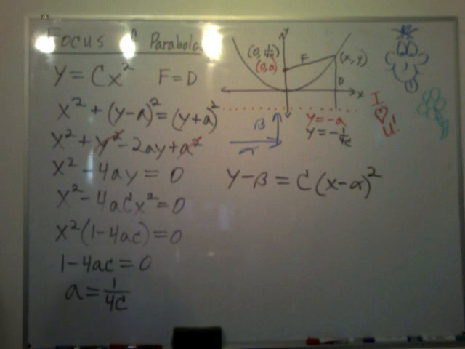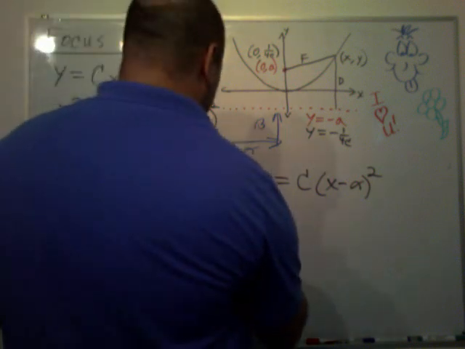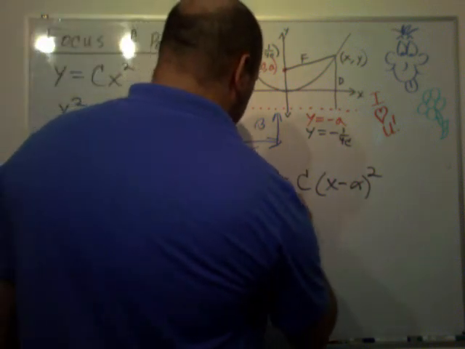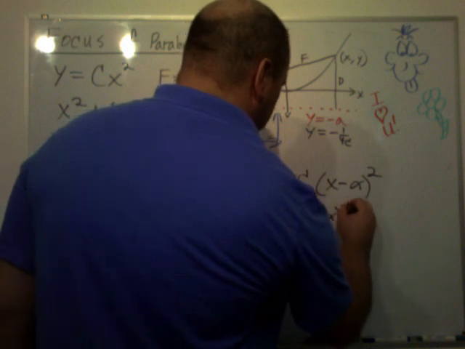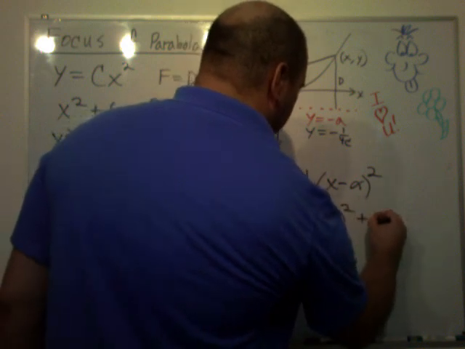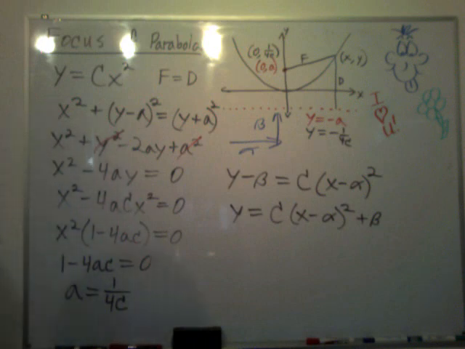And so we get that equation. Except we usually like the thing solved for y on that side. So I'm going to write down y equals c times (x minus alpha) squared plus beta, and consider that my new equation of a parabola.